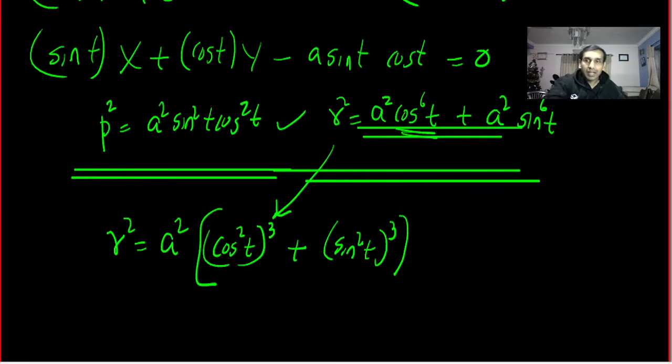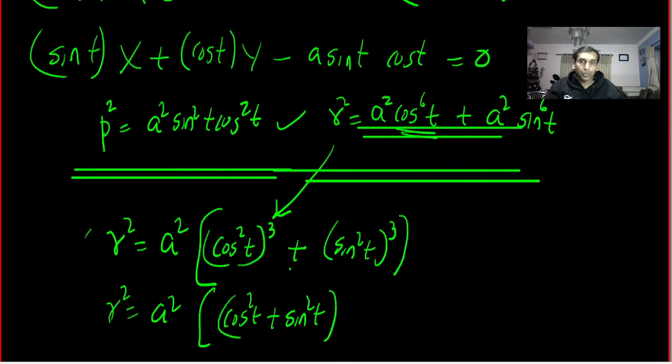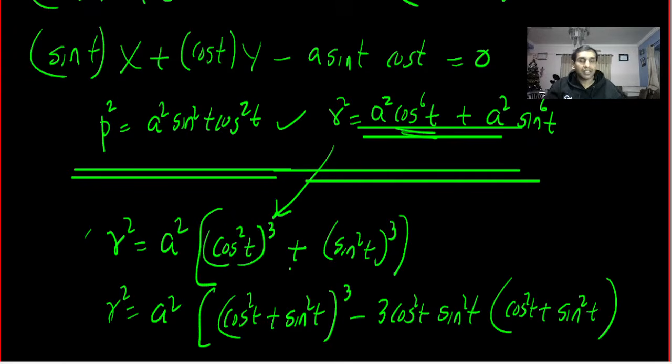So this r square becomes a square into cos square t plus sin square t the whole cube minus 3 cos square t sin square t into cos square t plus sin square t. Think about it. Can you see? a cube plus b cube is a plus b the whole cube minus 3ab into a plus b. Now this part will become 1. And can you see this cos square t sin square t can be obtained from here.